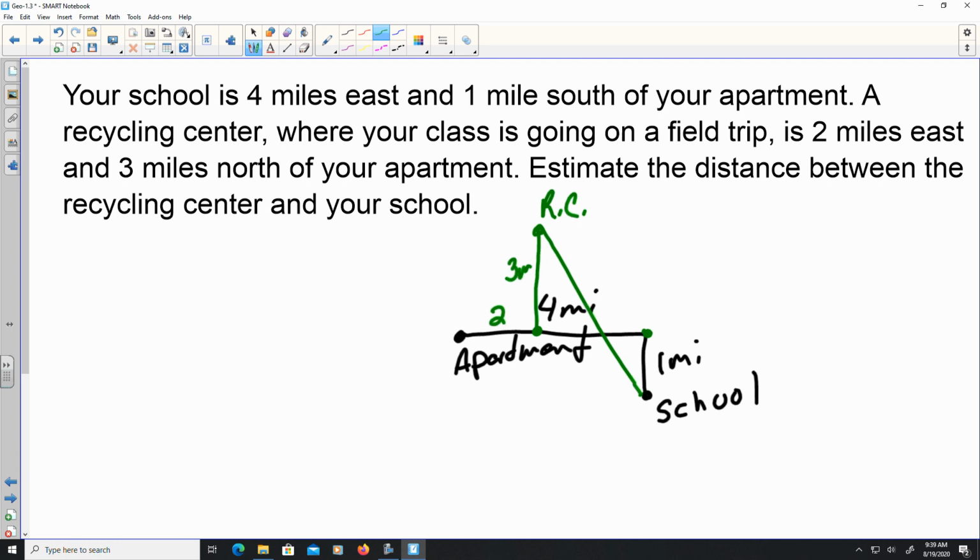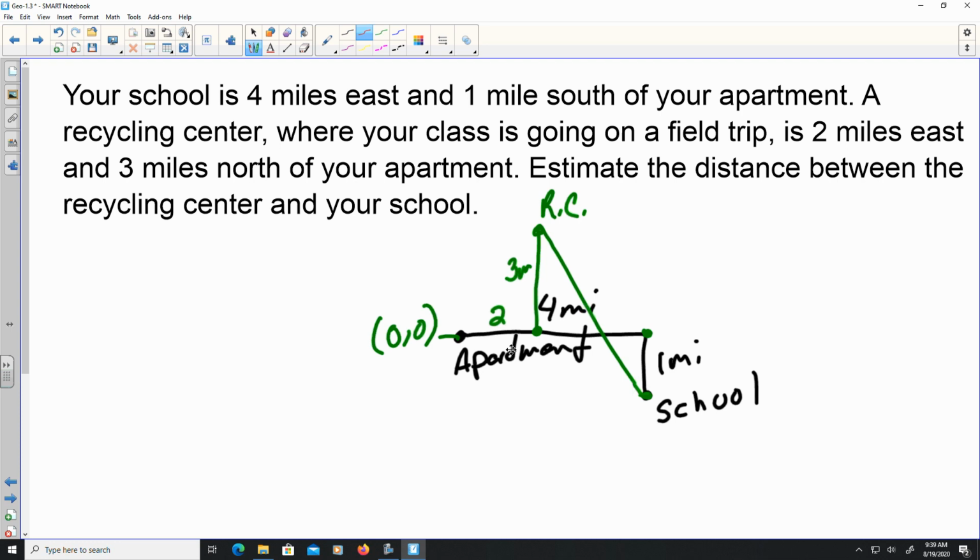So what I would do is, let's imagine that this is a coordinate plane, so to speak. Let's say your apartment is at 0, 0, because everything seemed to be going off of that.